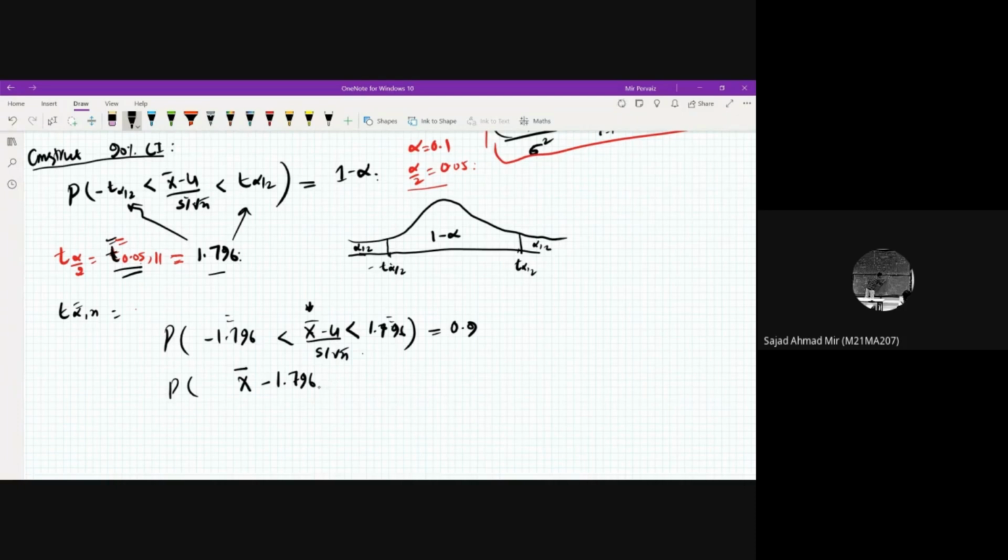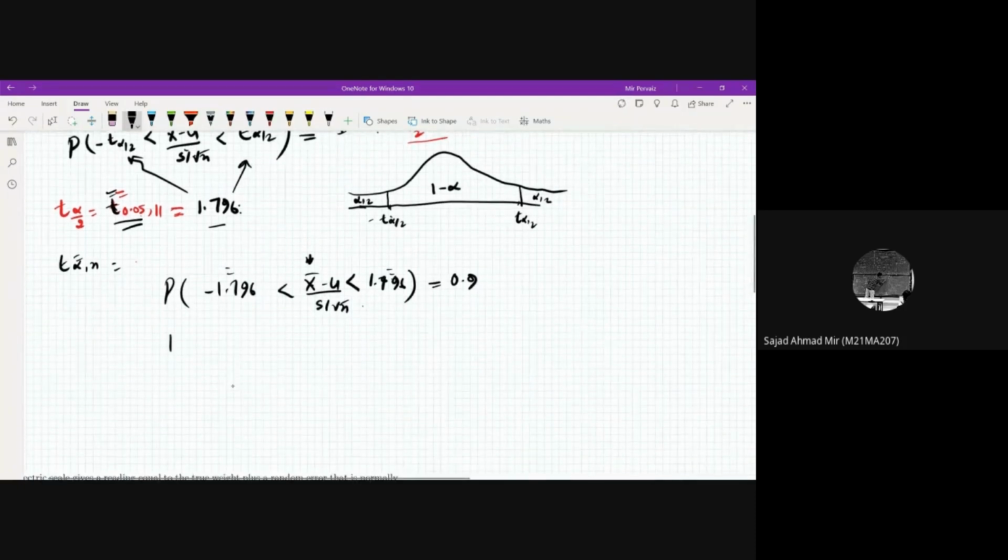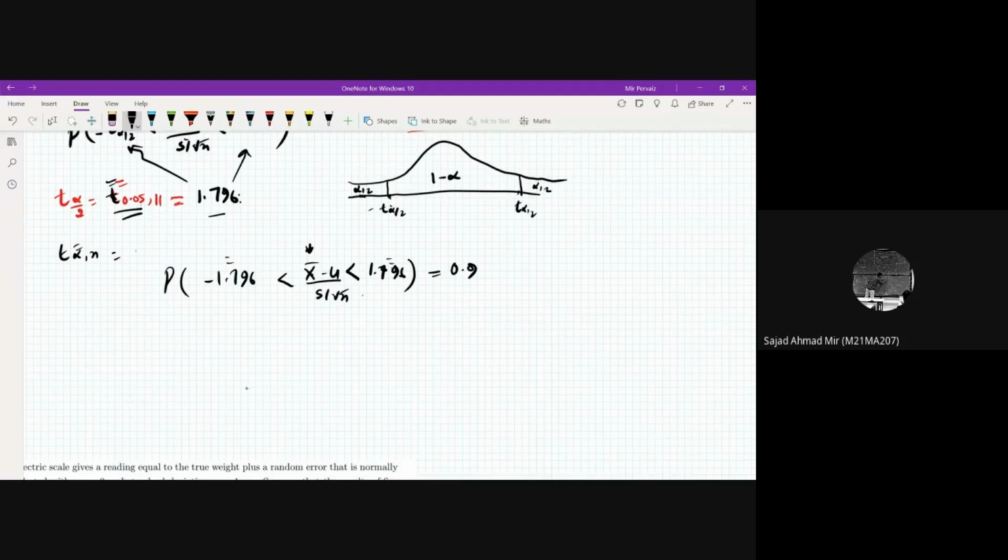So what will this inequality be now? The whole thing, the confidence interval, will be changed into the formula. What will be the formula for that? x bar minus t alpha by 2 with n minus 1 degrees of freedom, multiplied by s by root n, because we have to calculate for mu.